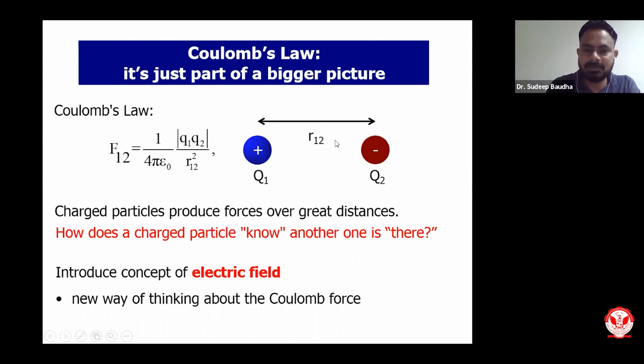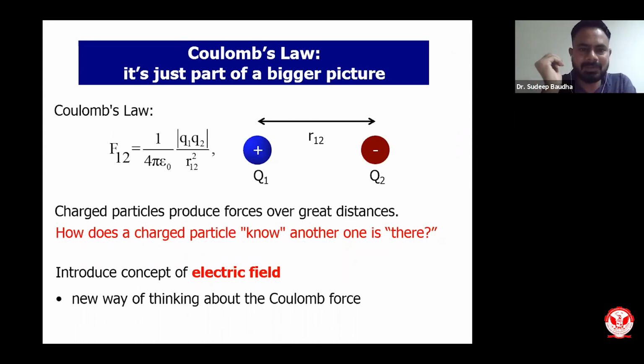To explain how two charges come to know that there is some sort of force, we introduce the concept of electric field. Or we can say, how does a charged particle know there's another one there? For this understanding, we introduce the concept of electric field: Coulomb's force is nothing but an amount of electric field produced by that particular charge. Please remember this.